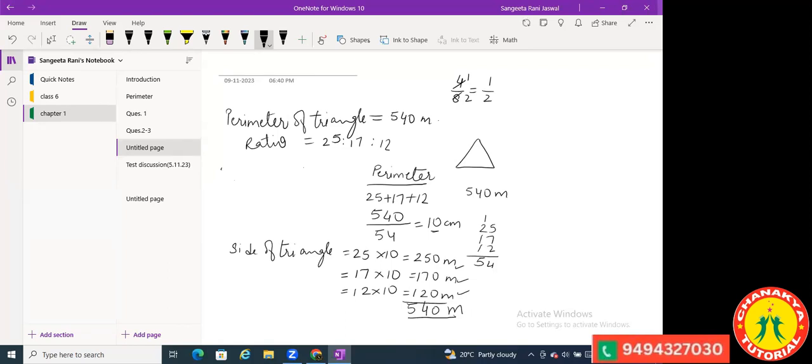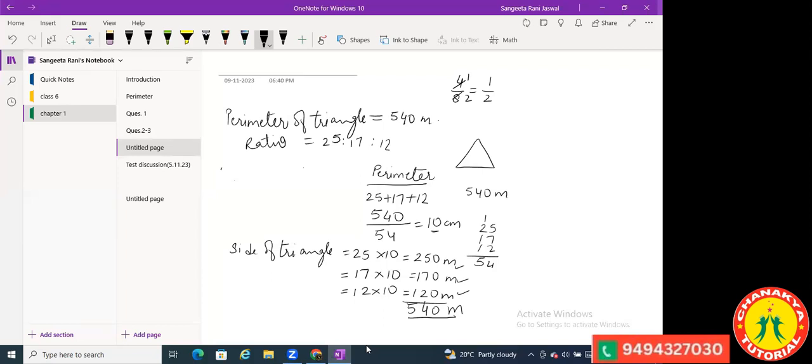This is the answer. But just to check, I have added all the sides to find the perimeter. Since we have got the same perimeter as given in the question, our answer is correct.